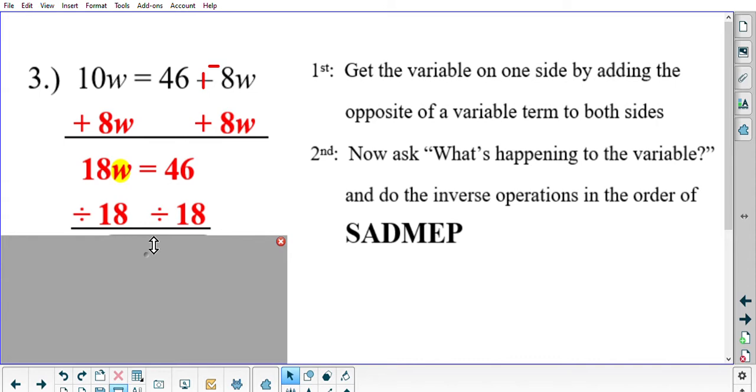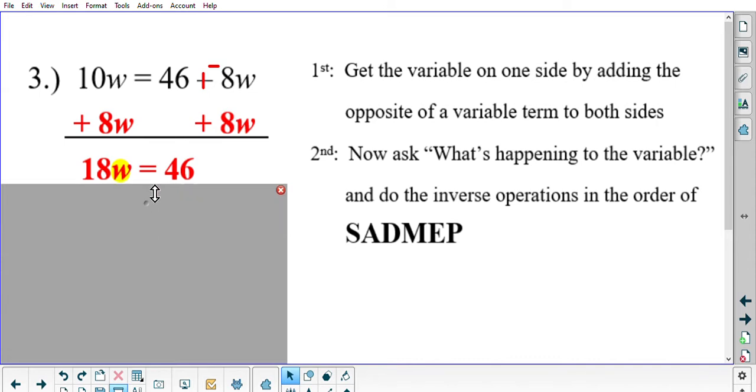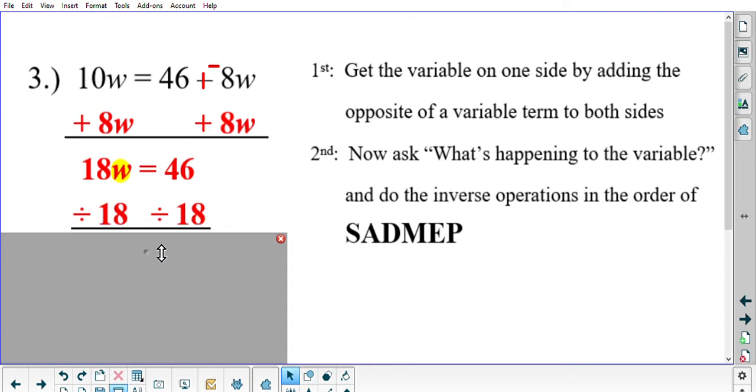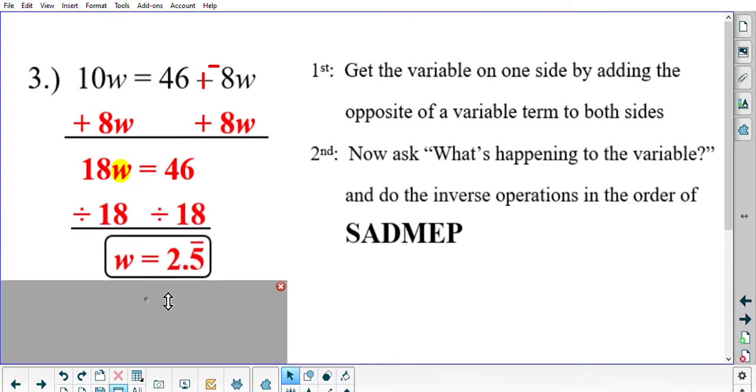Once you get the variable on one side, then you ask what's happening to the variable and you do the inverse of what's happening to both sides. And so the variable was multiplied by 18. That's why you now divide by 18. That will give you W equals 2.5 repeating, or 2 5/9.